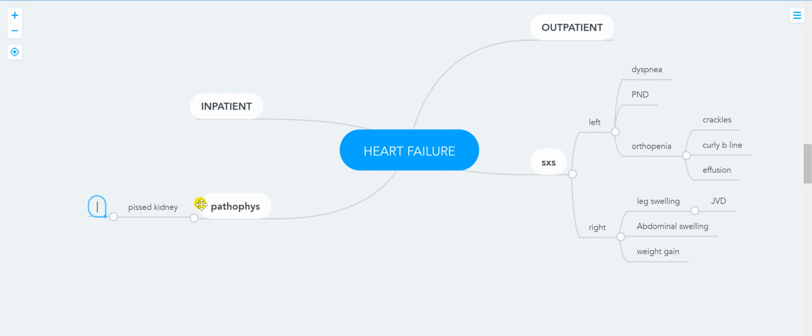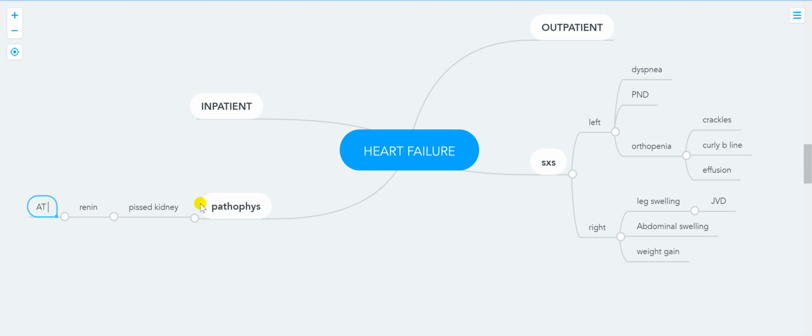If the kidneys are not getting enough blood, what is it going to release? Not erythropoietin, that takes longer. It's going to release renin. That's the most important one. And then renin brings about angiotensin.